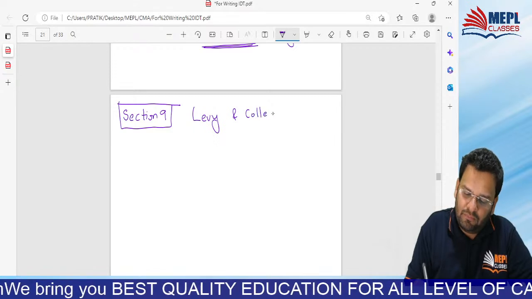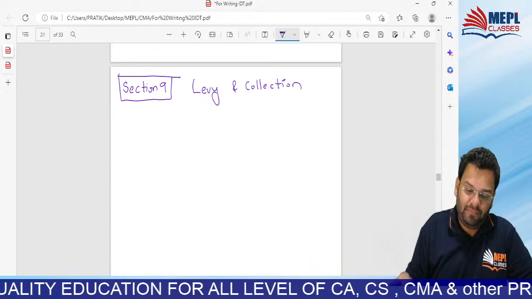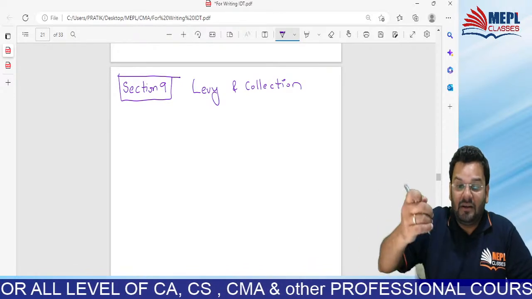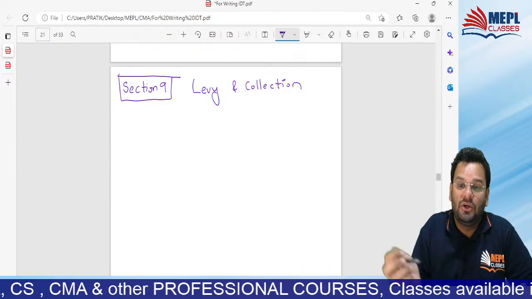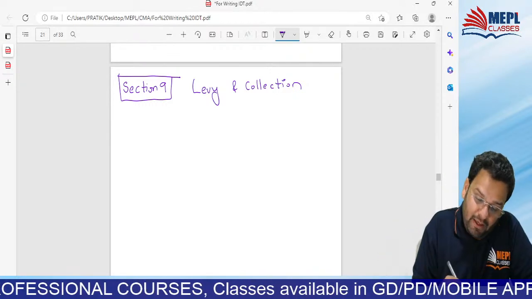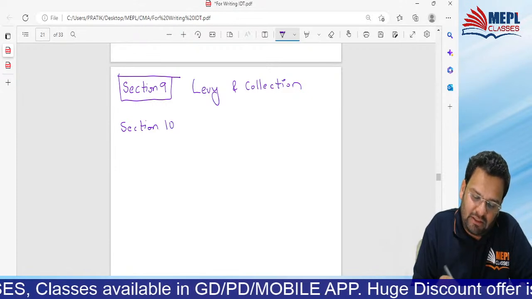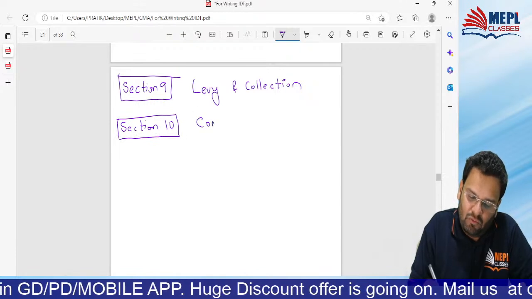So for the CGST Act, it is section 9. You know that levy is on an important event, that is supply of goods or services or both. So all that will be described in section 9. Section 10 is composition levy.